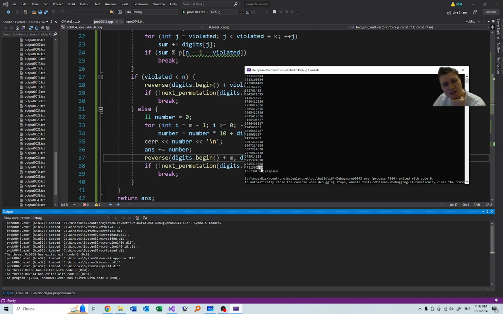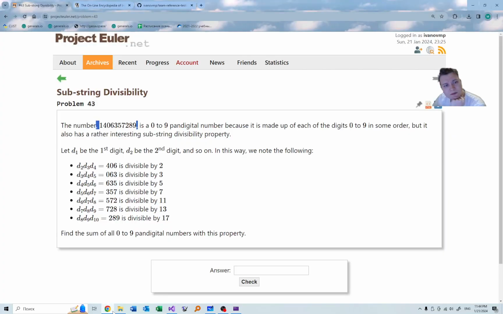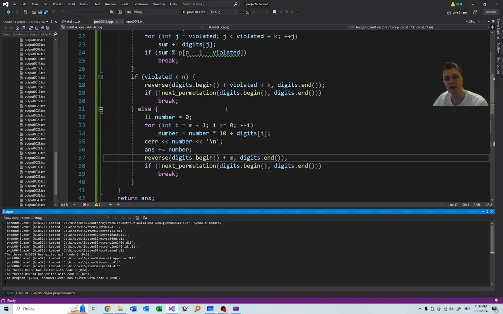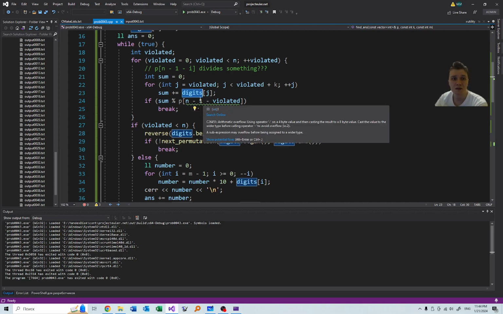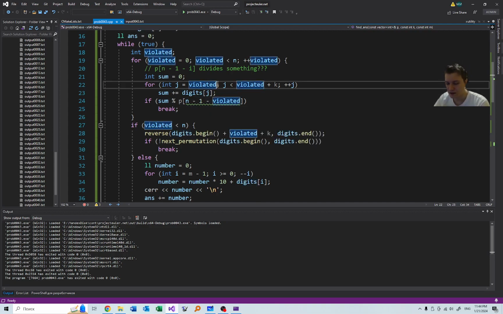And also it said that this is fine, although it's not fine because we need to look at 3-digit numbers. So here we needed to look at some other sums. We needed to start at violated plus k minus 1. j is at least violated, minus j.